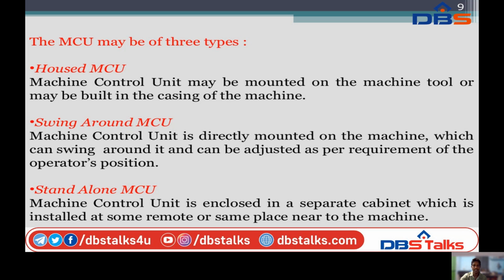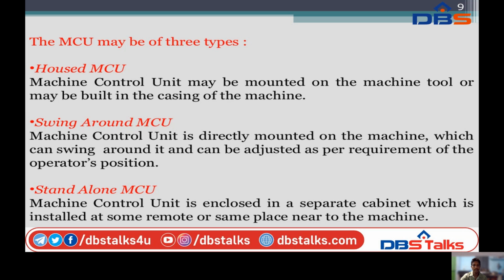In swing around MCU, we mount the MCU on the machine so that it can swing around and be adjusted as per requirement. Coming to the third one, standalone MCU. In standalone MCU, the machine control unit is enclosed in a separate cabinet.